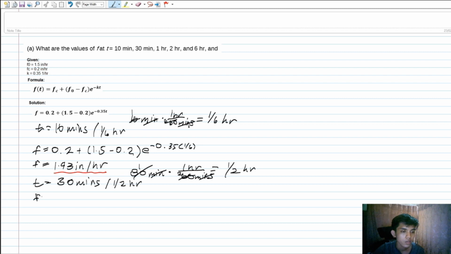So f is equal to 0.2 plus (1.5 minus 0.2) multiplied by e raised to negative 0.35 multiplied by 1/2 hour. When we input this again to our calculator, we have f is equal to 1.29 inch per hour.